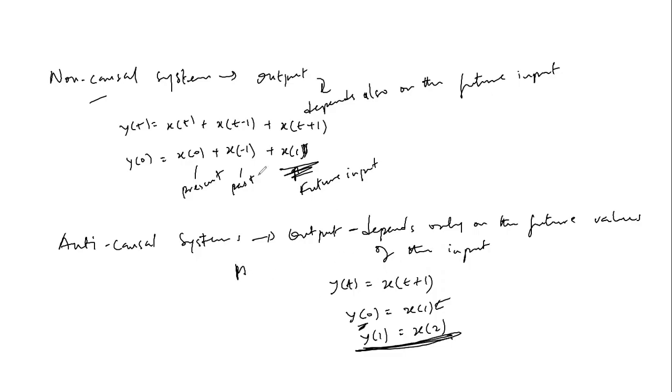But should we have a present or past input present at that instant of time, given that input, then it may not be anti-causal, though non-causal.